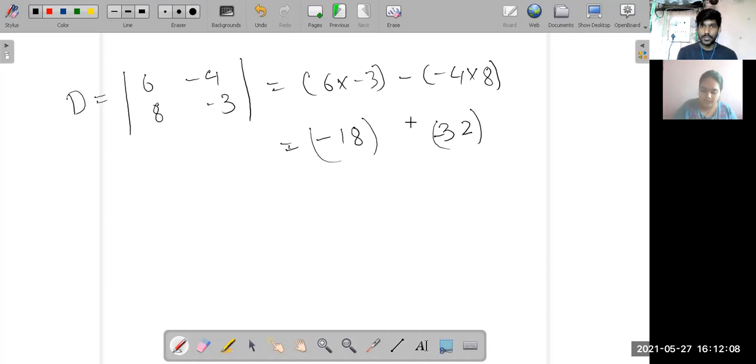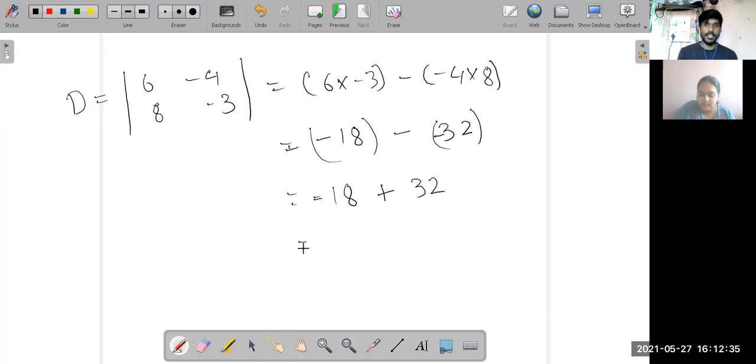And one major mistake is you have put a multiplication sign here. Look here, this multiplication sign you have put. What should it be? Minus. Minus, yes. That's why your entire sum went wrong. So minus 18, and then minus into minus will become plus, so plus 32.